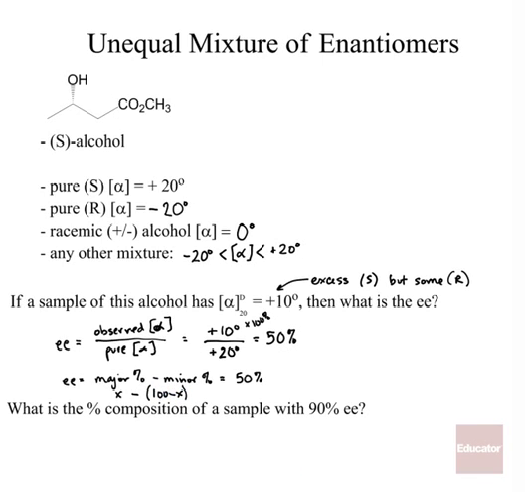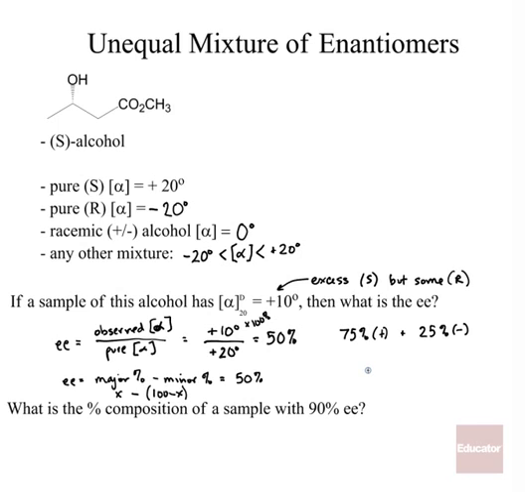Okay, so we could do this and solve for x, and what we would find is that we have 75% of the plus enantiomer and 25% of the minus enantiomer. Okay, now again, 75 minus 25 would come up to 50%. So you can see we have an excess, a 50% excess of the plus enantiomer.